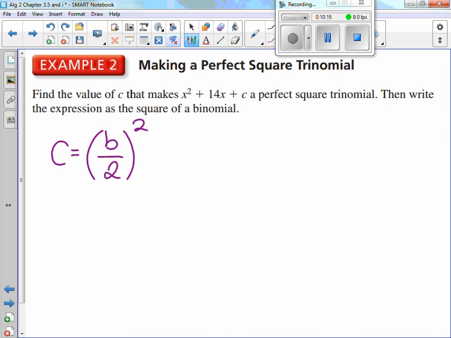Because when we plug in the value of b into this, it will give us a value of c that will make this trinomial into a form that we can rewrite as a set of parentheses squared. Well, again, we're looking at ax squared plus bx plus c.